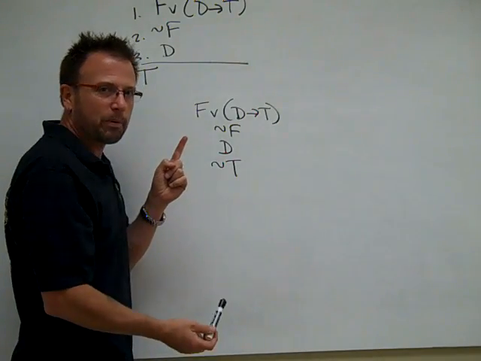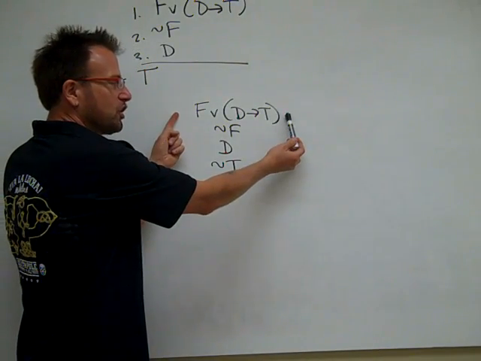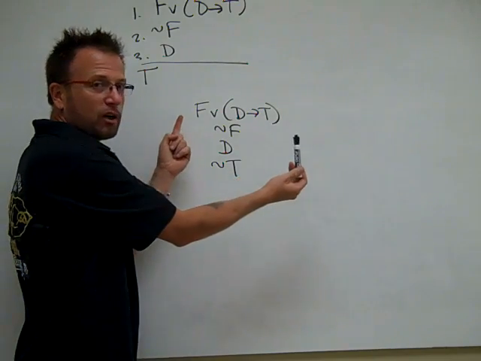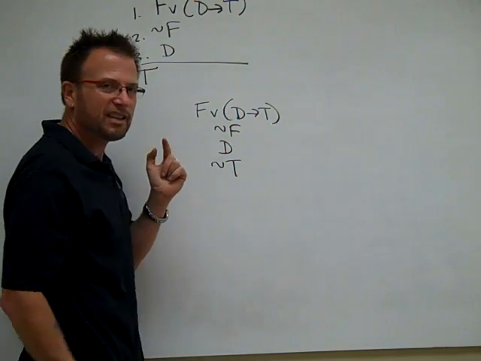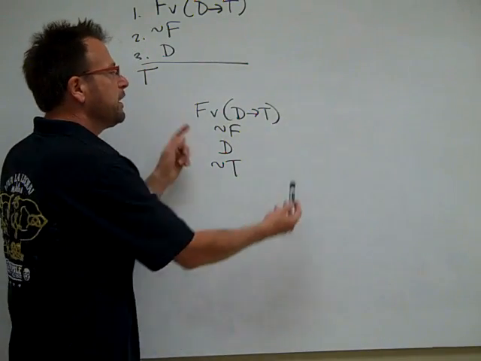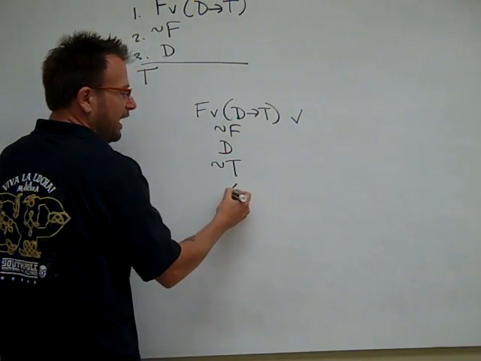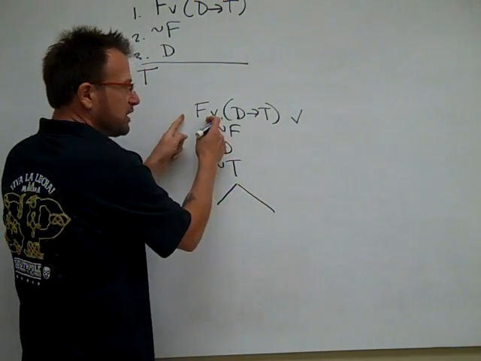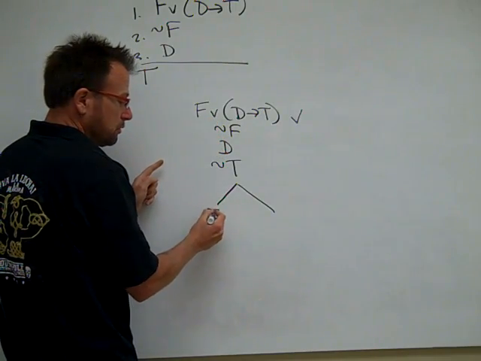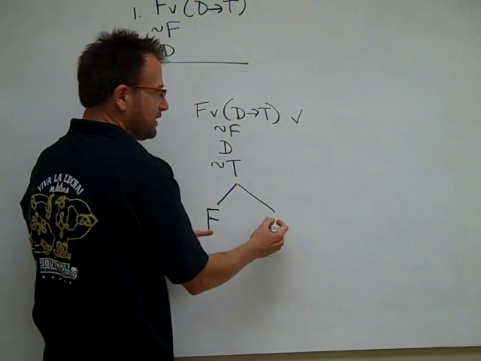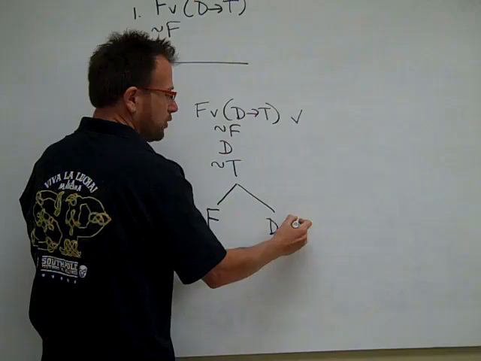But here we have a complex statement, which is a disjunction. So I'm going to determine under what conditions this disjunction will be true. Well, this disjunction will be true when either the first disjunct is true or the second disjunct is true.